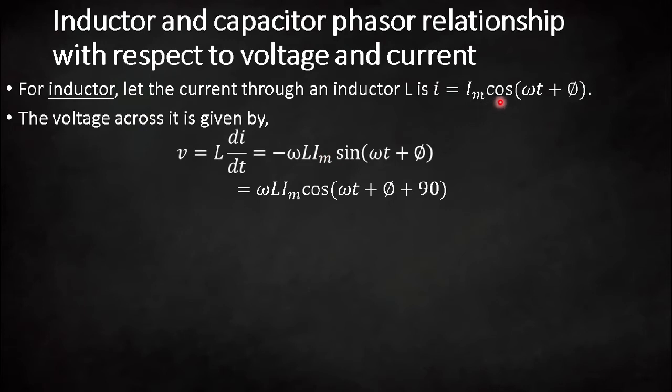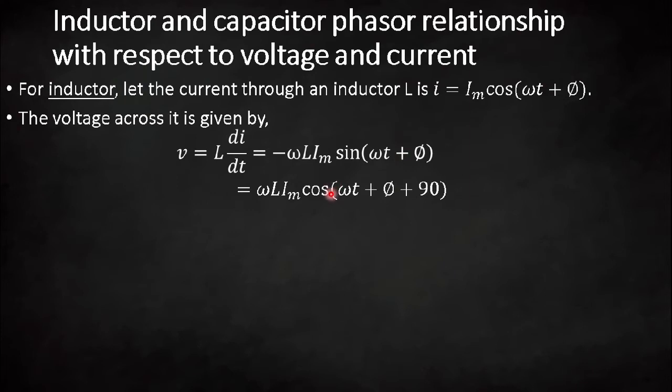Im will be as it is. The differentiation of cos(omega t plus phi) will be minus sin(omega t plus phi), and then you differentiate the term omega t plus phi, which gives omega only. So the new equation will be minus omega L Im sin(omega t plus phi).